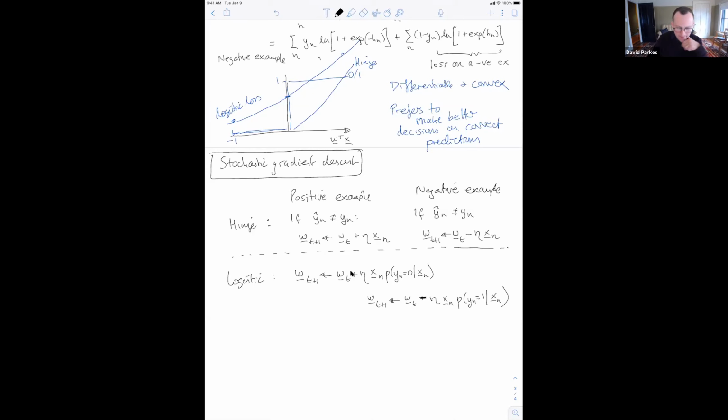And these look very similar. Imagine that on your positive example, you're actually doing very well. So the probability of it being associated with a label 0 is very small. That means you don't move the weights very much. If you're doing very badly, the probability associated with it being 0 might be high, in which case you move the weights quite a lot. So it's very much like this, where here we move them if we're making a mistake. Here it's a smoother adjustment based on how well we're doing with regard to the correct class label.